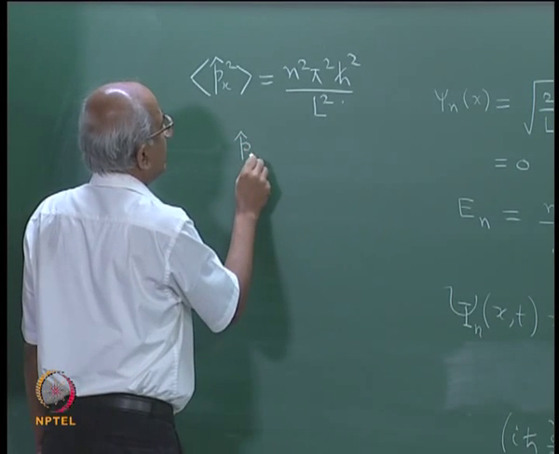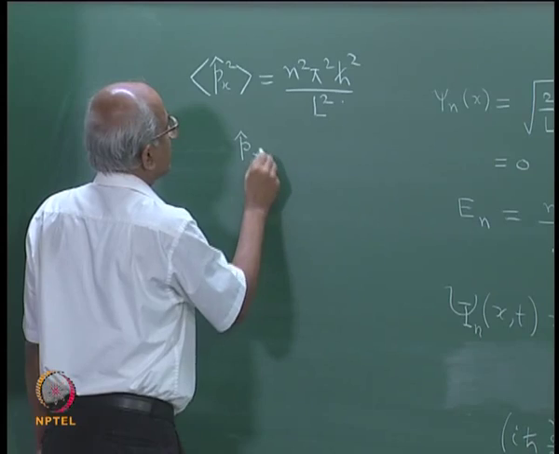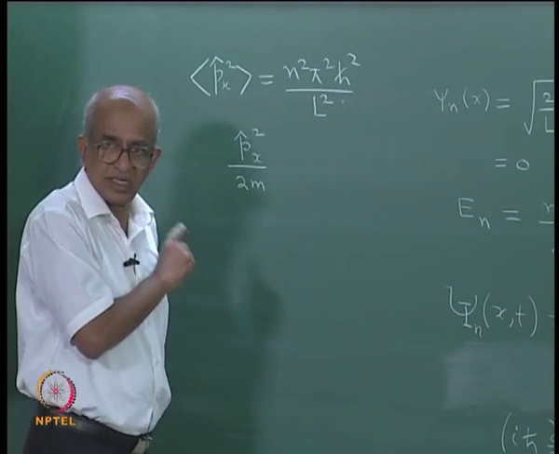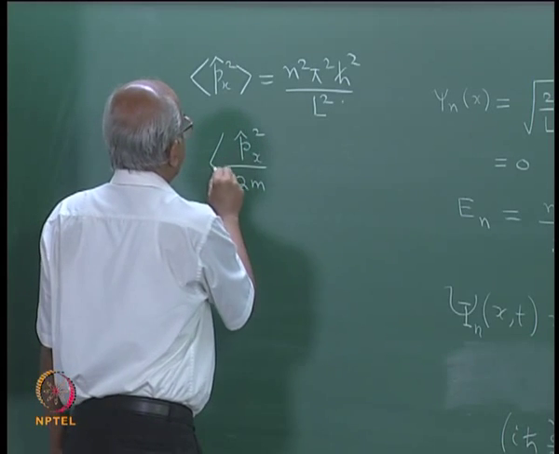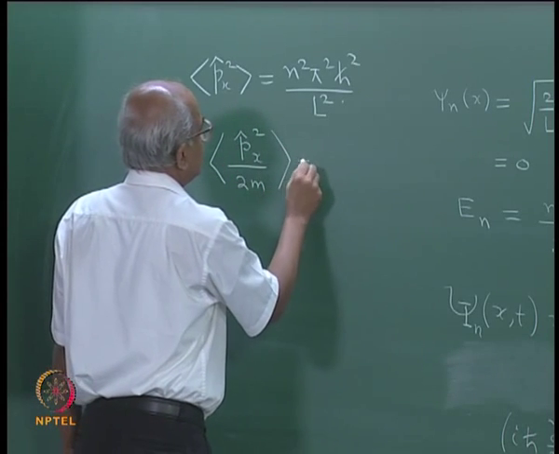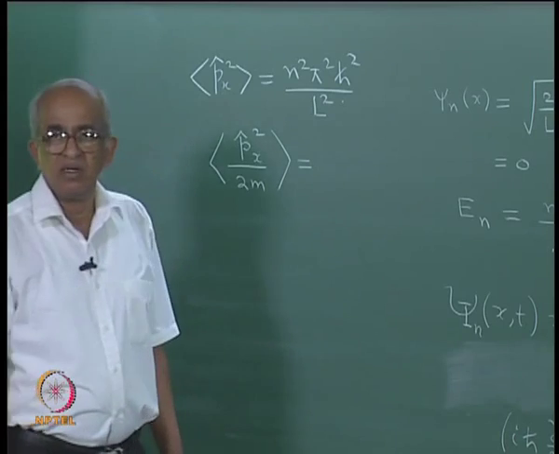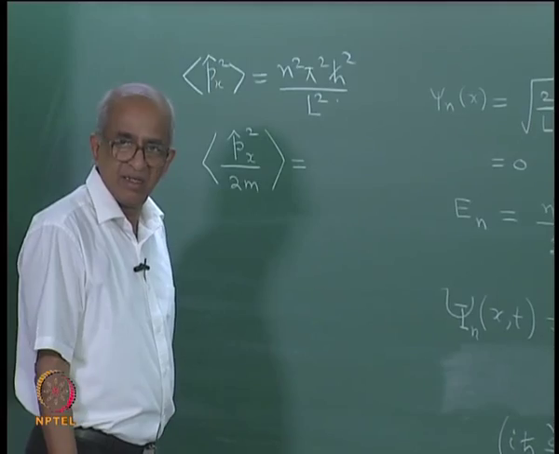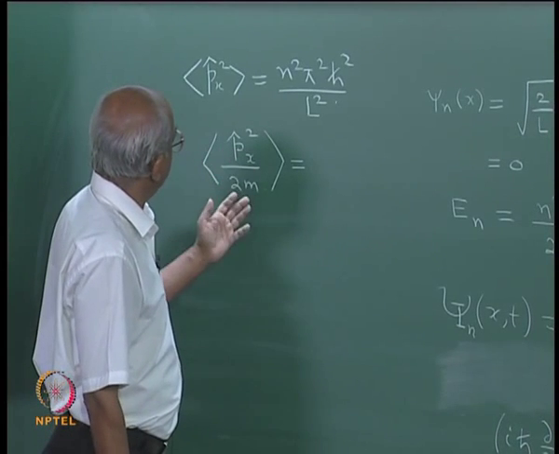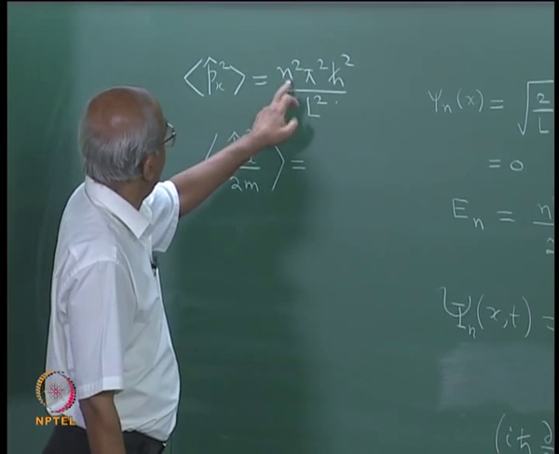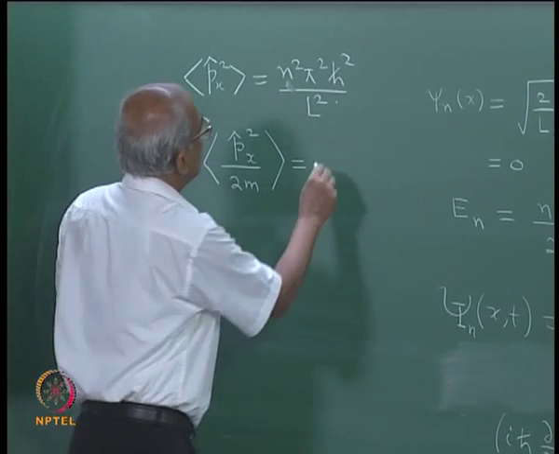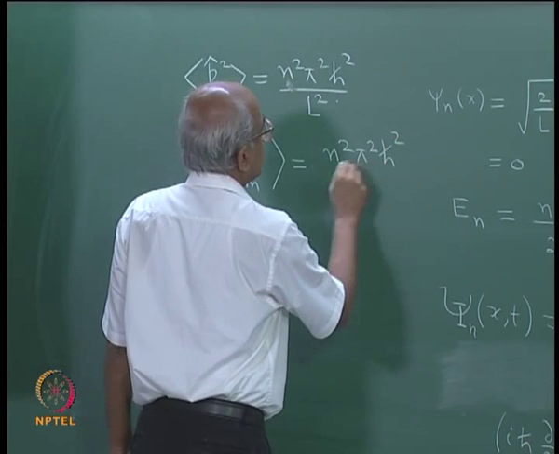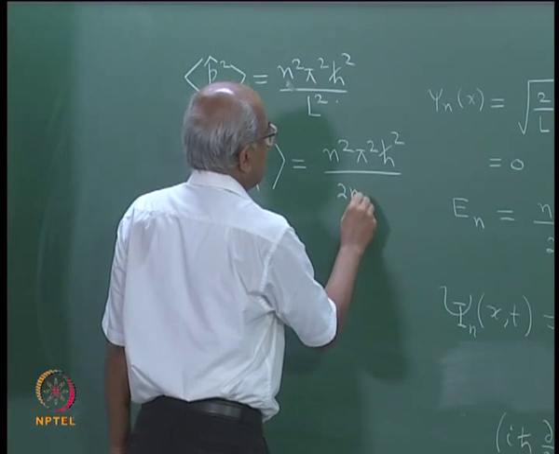What is the kinetic energy operator? It is going to be px square divided by 2m. This is the kinetic energy operator. So, if you wanted to calculate the average value of this, well, you see 1 by 2m is just a constant. So, you will have the average value of px square by 2m, and we have already calculated the average value of px square. It is going to be n square pi square h cross square divided by 2m L square.